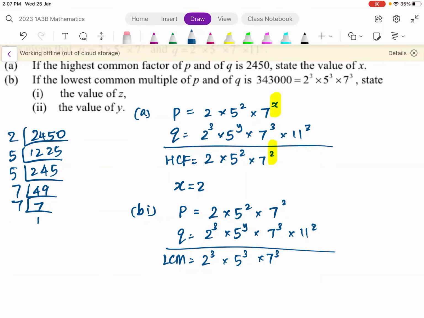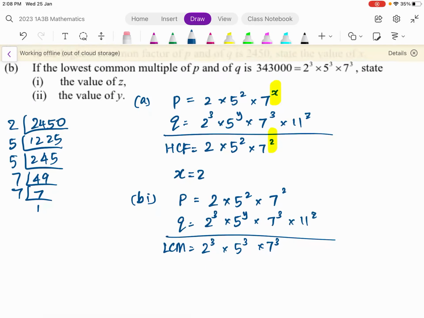So find the value of Z as well as Y. Y is a bit easier to find. Okay, so Z. What then is the value of Z? Z is over here.